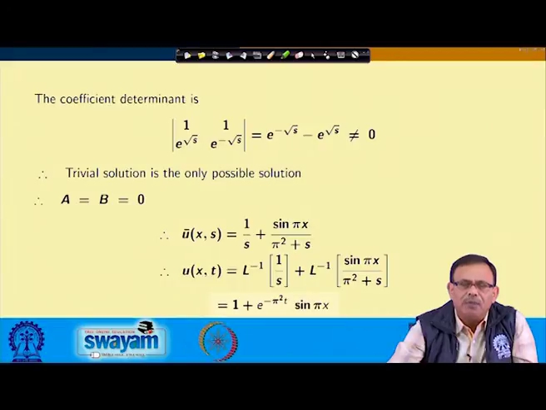You know the values: Laplace inverse of 1 by s is 1, plus sin pi x into Laplace inverse of 1 by pi square plus s, which is e power minus pi square t. Therefore, the solution of your problem is u x t equals 1 plus sin pi x into e power minus pi square t. So, in this way, depending upon the problem, I have to choose the appropriate transform, and then I can find the solution of the problem.